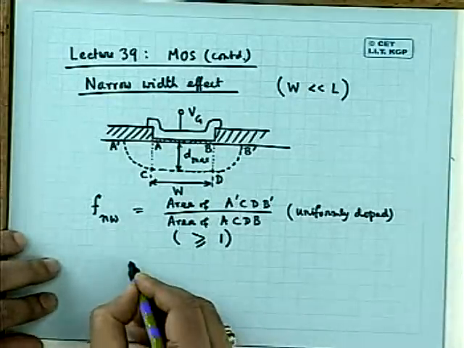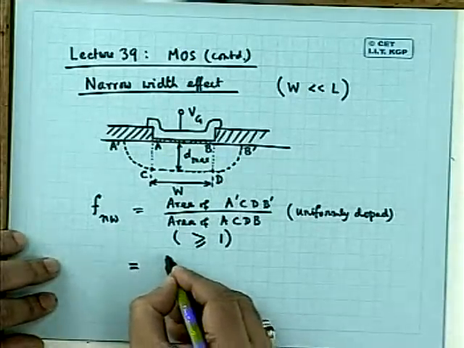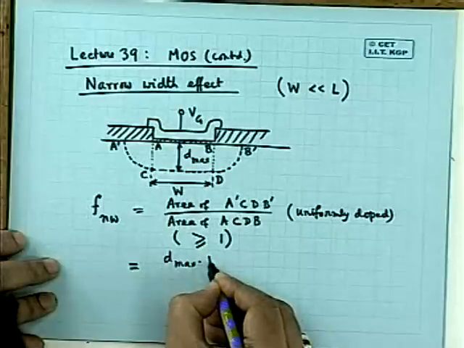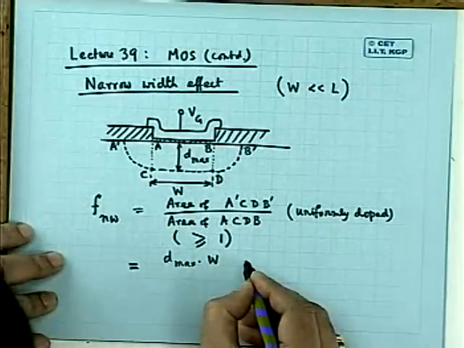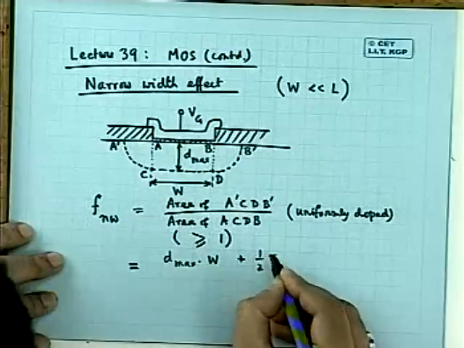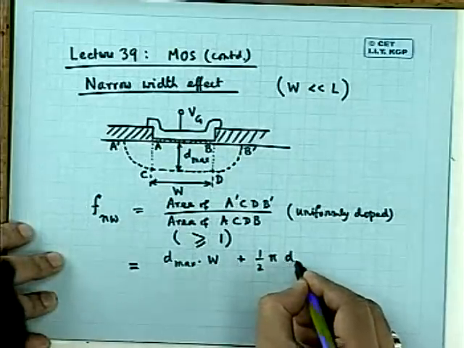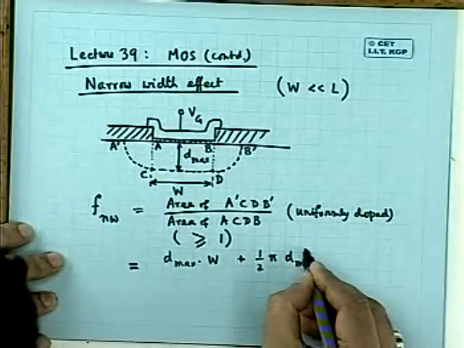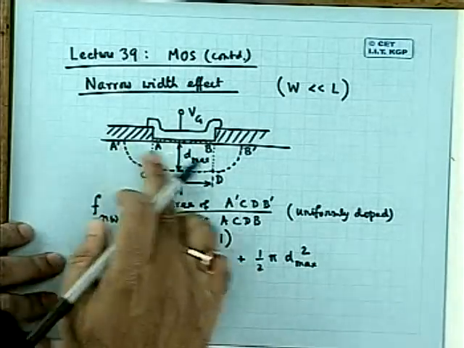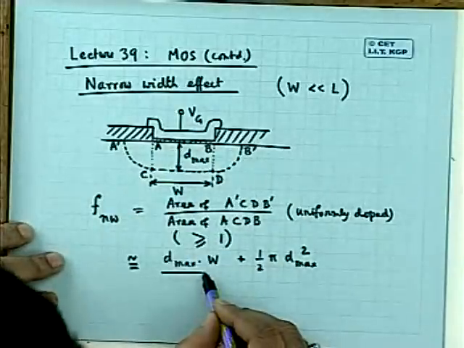And this area can be written as D max into W plus half pi D max squared, assuming that these two are quarter circular regions.